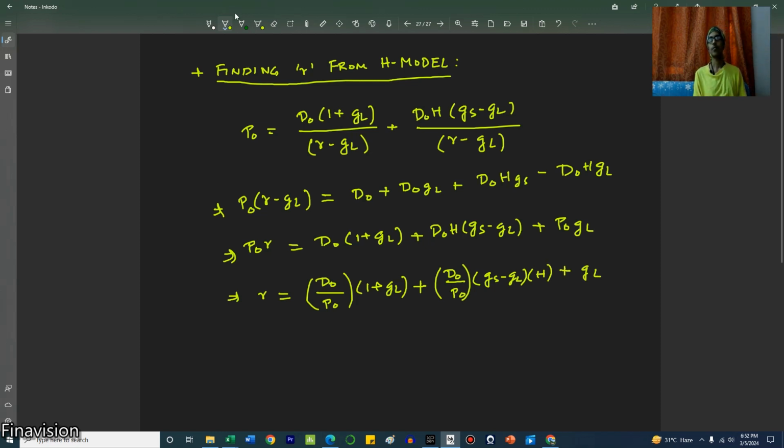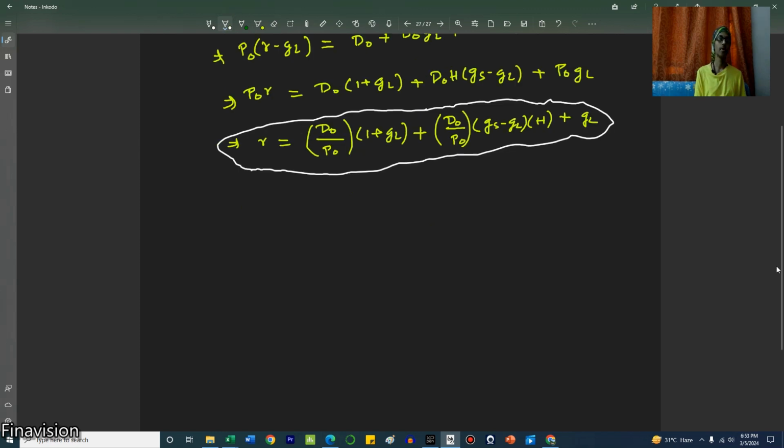This is the expression for finding out required return from H model. Now let's take an example for this.